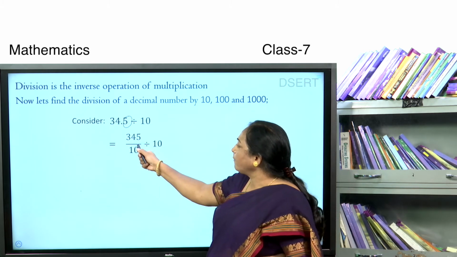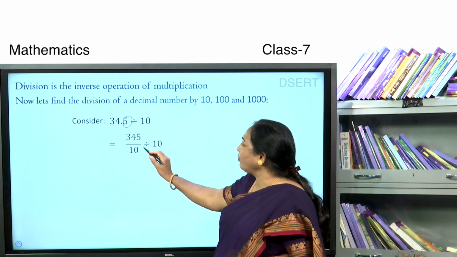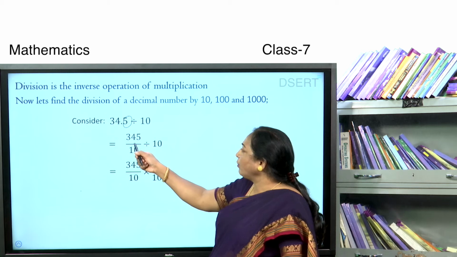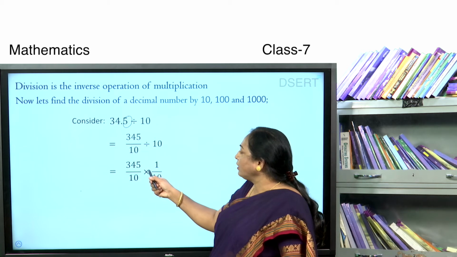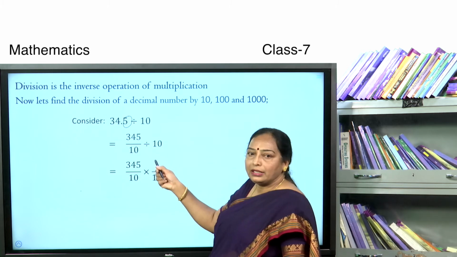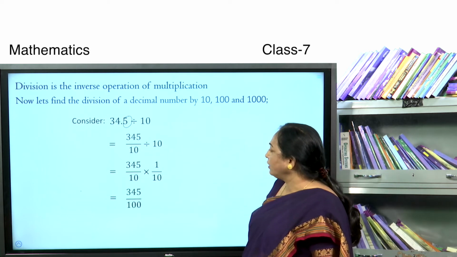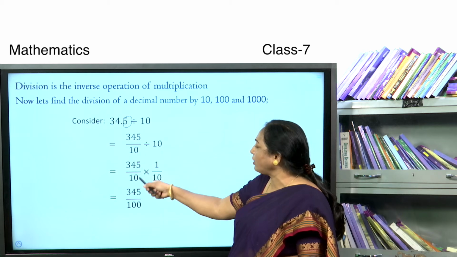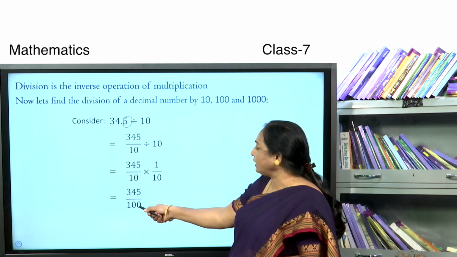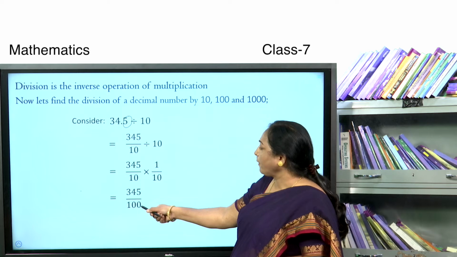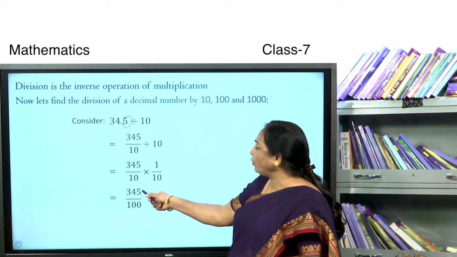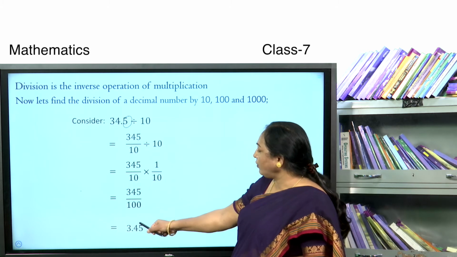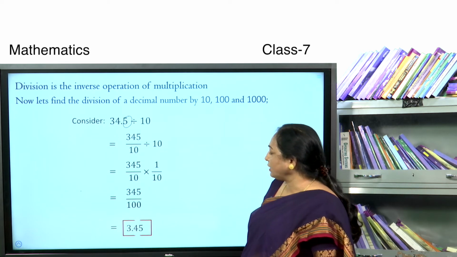Therefore, the fraction form is 345 by 10 divided by 10, and we multiply 345 by 10 by the reciprocal of 10, which is 1 by 10. Multiplying numerators and denominators, we get 345 by 100. There are 2 zeros in the denominator. Therefore, place the point after 2 digits from the right in the numerator. Therefore, we get 3.45 as the decimal.